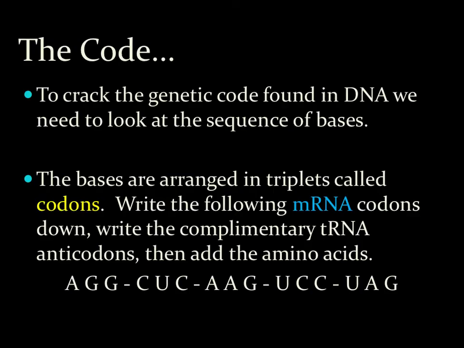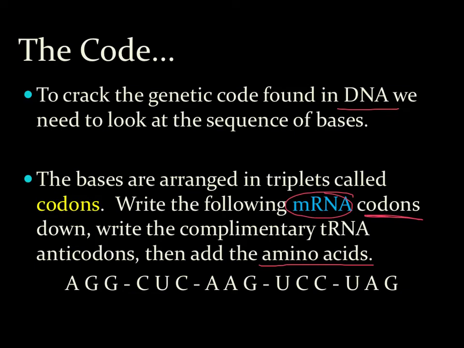So the last thing that we want to be able to do is use the code originally found in DNA to get to the finished product of the proteins. The way we build the proteins, remember, are specific amino acids. So from DNA, we build RNA. The RNA has triplets called codons.